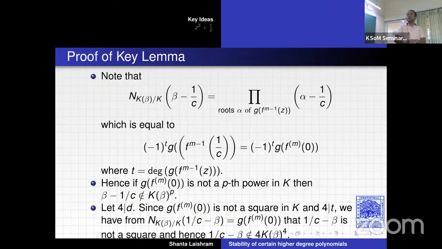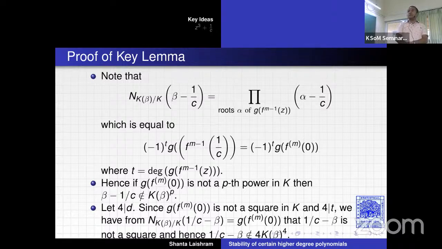This is the same as the product of alpha minus 1 over c, where alpha runs over the roots of g of f^(m-1)_g, which you can actually equate to minus 1 to the power t times g of f^(m-1)(1 over c). And if you see, this is nothing but g of f^m of 0. Actually, there's a typo here. There should be no brackets there, but it's right.